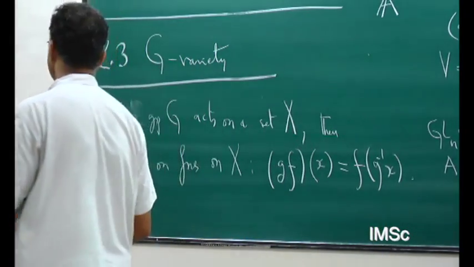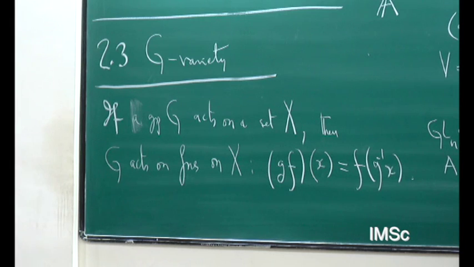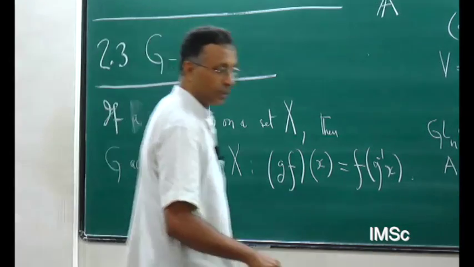Okay. Now, what is an example of a G-variety?